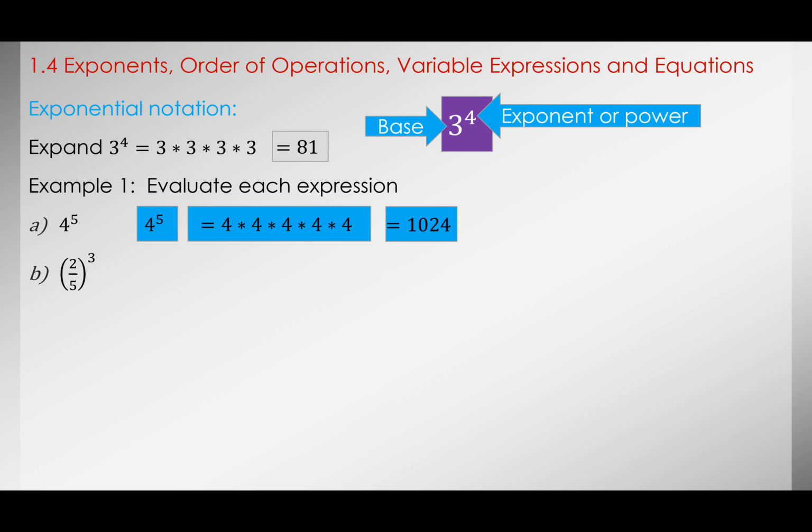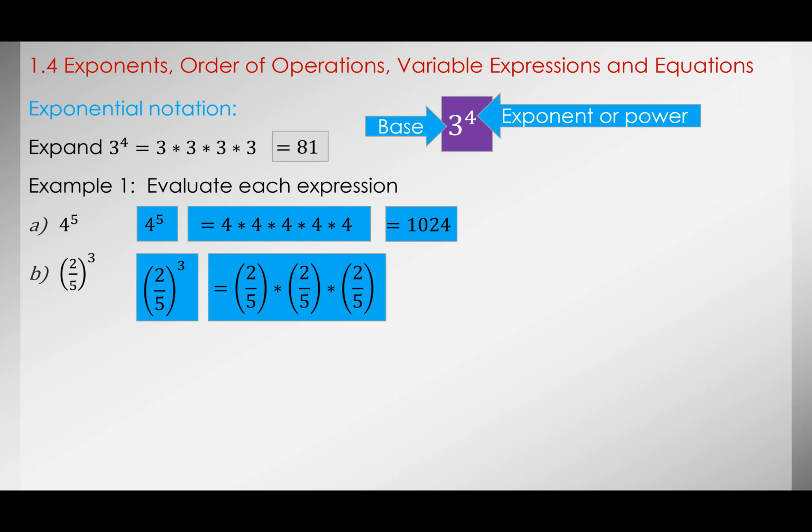Okay, and again, same thing. If they give you 2 over 5, which is a fraction raised to the 3rd power, it doesn't matter what the base is. If they ask you to expand them out, you take the base, which is 2/5 times 2/5 times 2/5, 3 times.